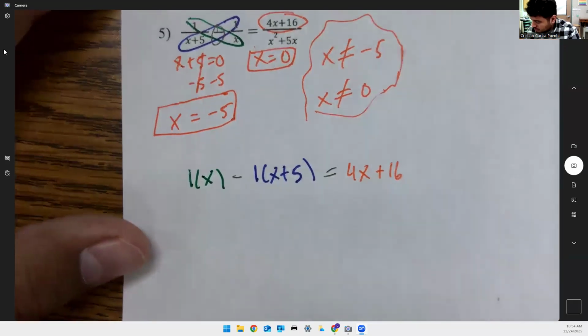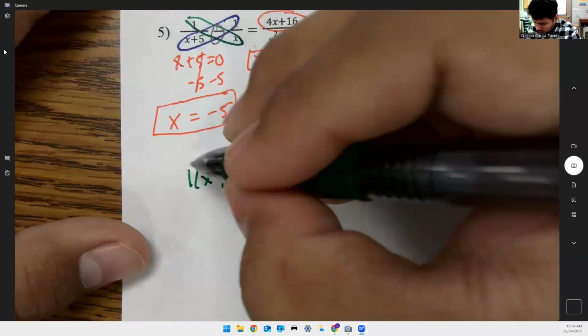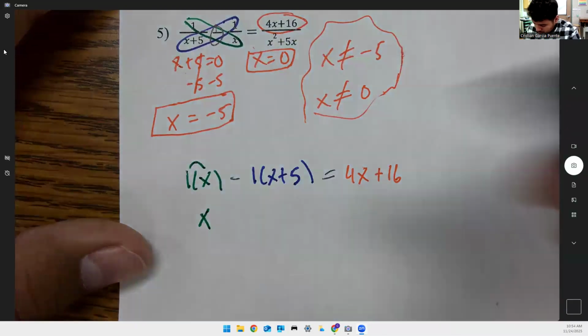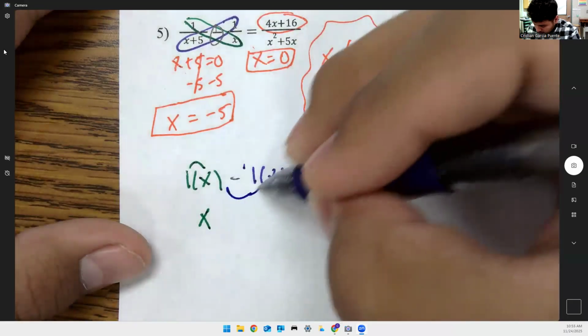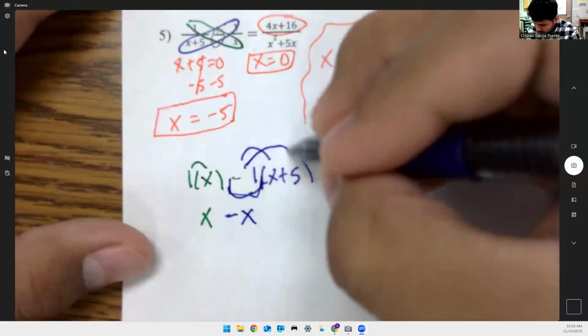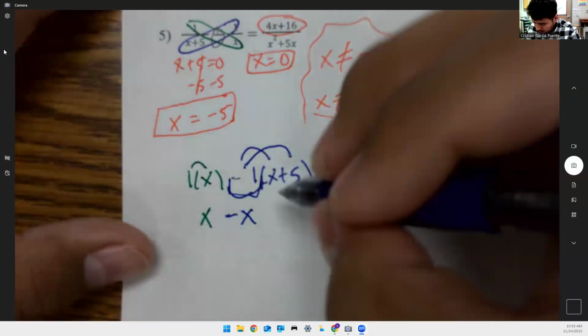And now we're going to solve. What's 1 times x? X. Negative, what's negative 1 times x? That's negative x. Then negative 1 times positive 5. It's just negative 5.